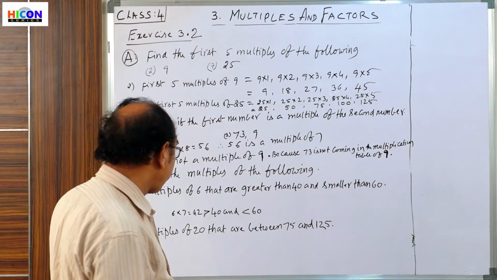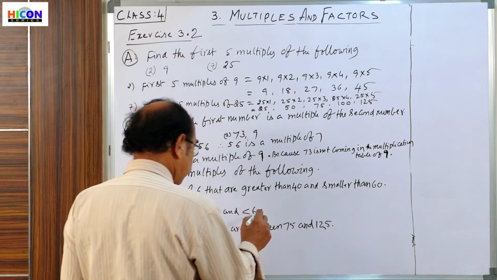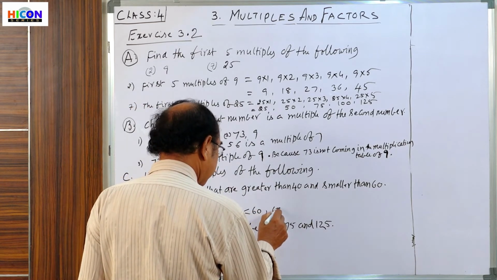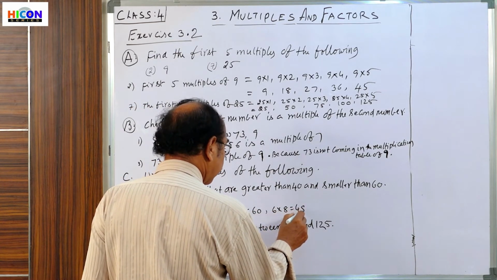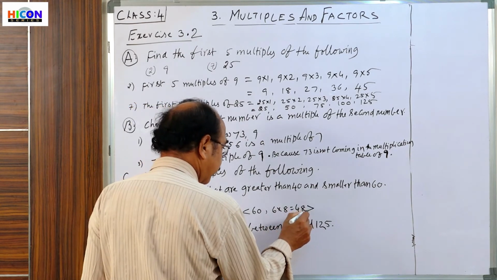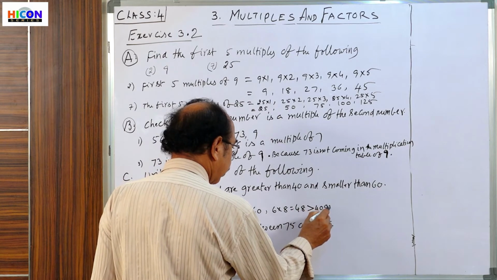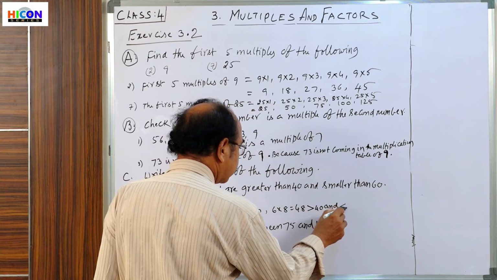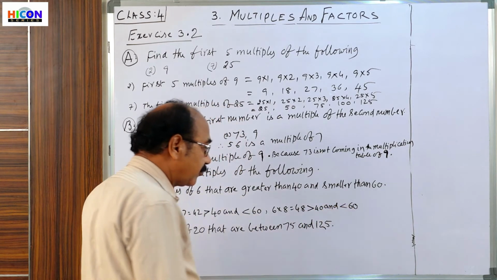Okay, children. Next. 6 eights are how much? 6 eights are 48. 48 is bigger than 40 and less than 60.